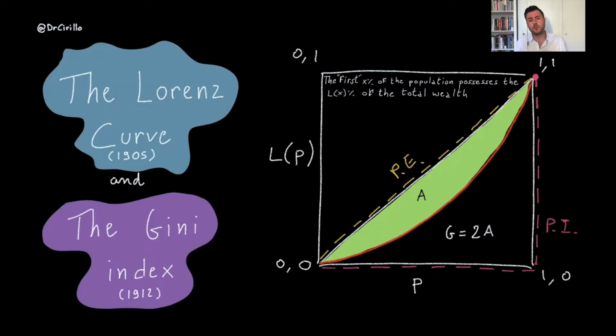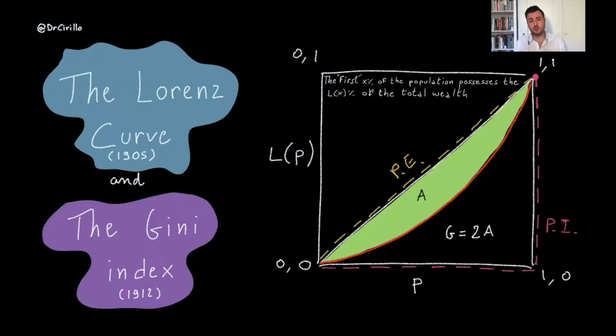Now, in the communist economy, every single individual owns the same amount of the total wealth. Okay, so if we have 100 individuals, let's assume that the total wealth is as well 100. In the communist society, every individual owns one.